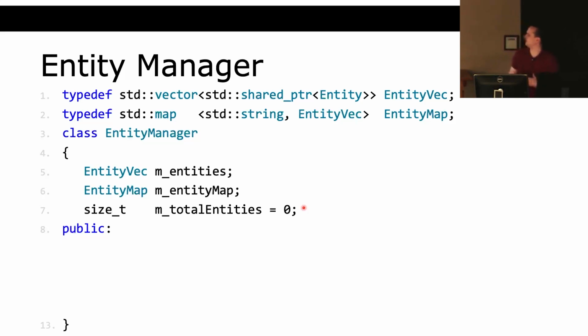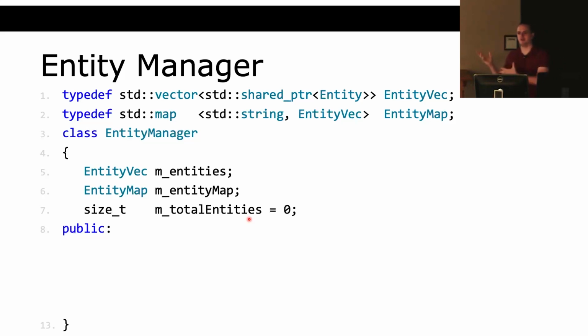So if I want to get the total number of entities that exist right now, I can just say m_entities.size, because I'm currently storing all my entities in it, so I can get the current number of entities. But if I want to know, for example, what's the number of entities that have ever existed, then I can store that here as well.